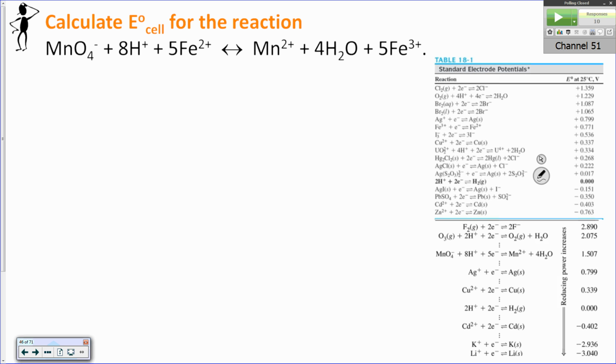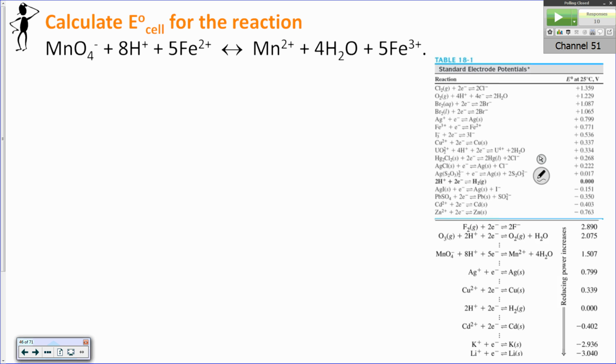Some of the problems in the back of the book require you to use the standard electrode potentials listed in the tables in the back of the book, and those are not nearly as simplified. There's 10 pages of standard electrode potentials. You just need to take a look at those. But I'm going to give you this combination.